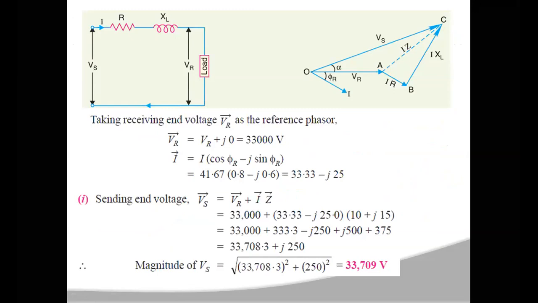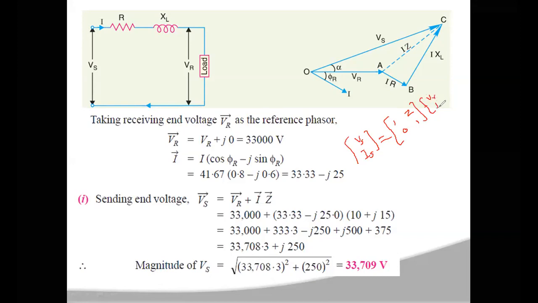When you use the ABCD parameters, you have to remember that matrix model, which is VS IS equal to [1 Z; 0 1] into VR IR.